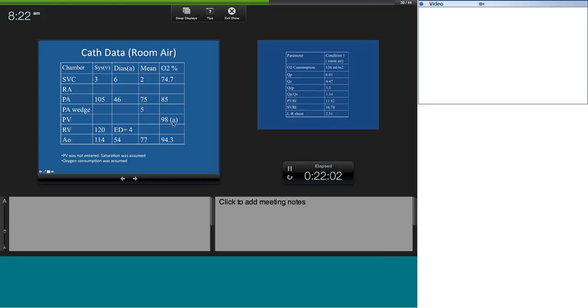So 20 by 13, QP:QS is 1.6:1. Then when you look at this PA mean, it's pretty close to systemic. Look at PA diastolic. It's only marginally less than aortic diastolic.